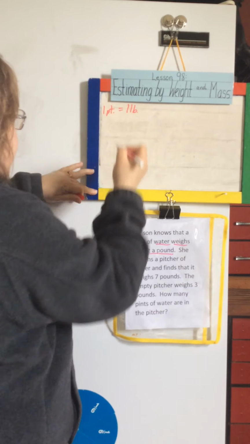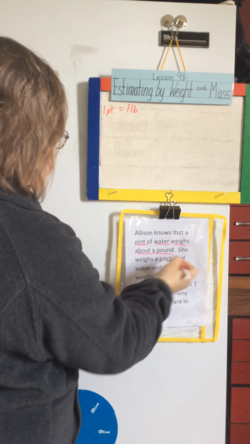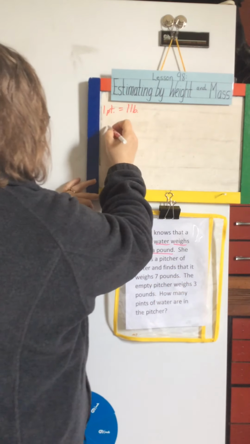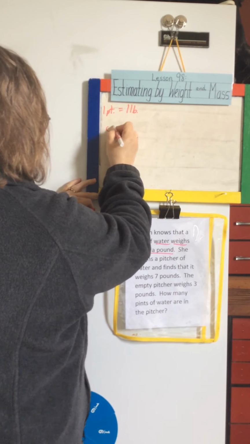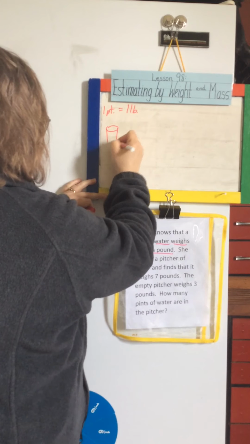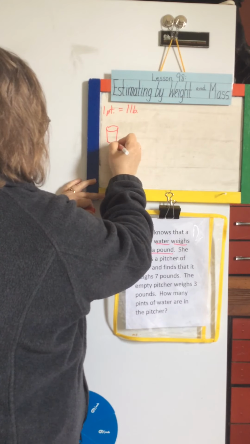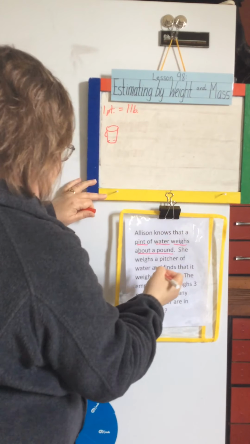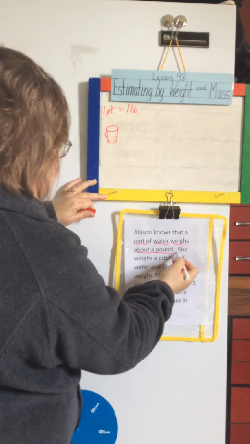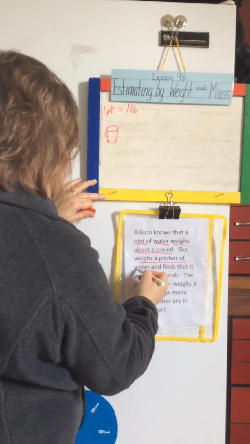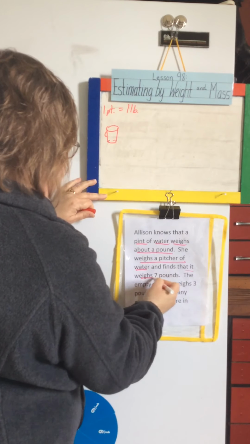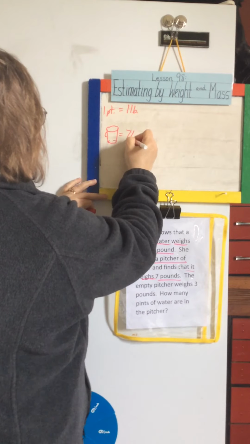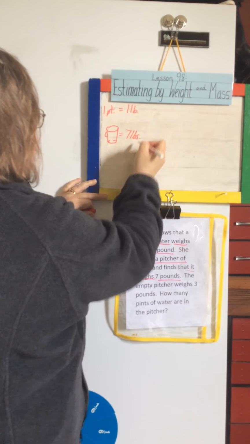We know about, okay? So we're going to say, she weighs a pitcher of water. We'll draw a pitcher of water and give it a handle. It says, she weighs a pitcher of water and finds that it weighs 7 pounds. 7 pounds for that pitcher.